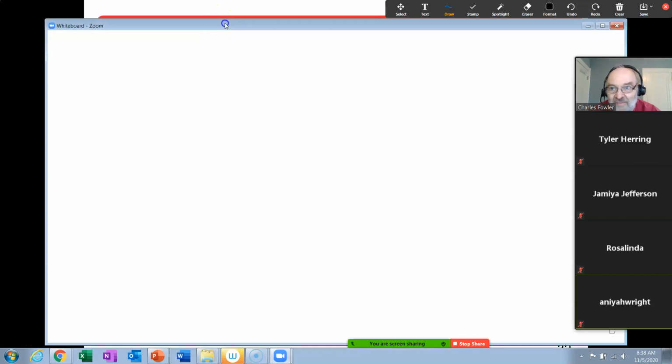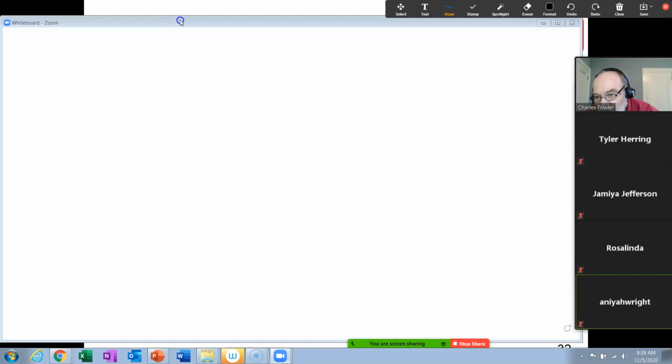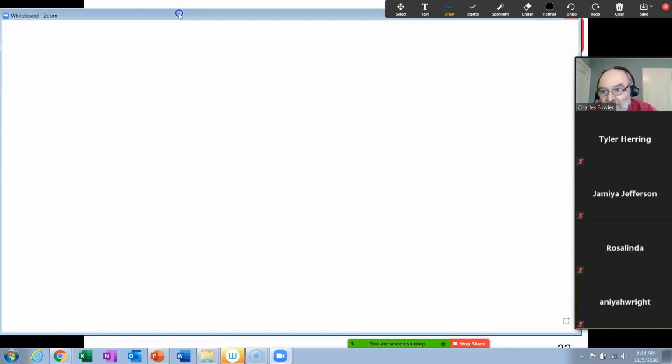All right, and I'll move the whiteboard as far as I can to the left and up, so I have maximum white space with which to work. Okay, no questions so far?